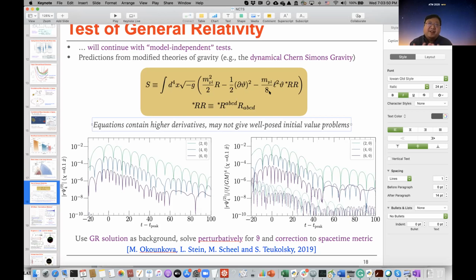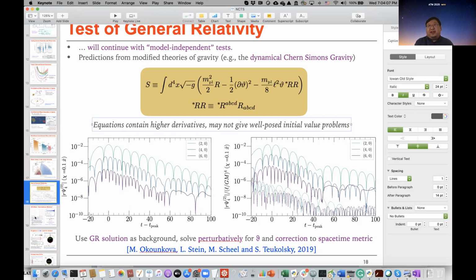In this way, you basically evolve perturbations on top of a non-linearly obtained full numerical spacetime, and then you can obtain the corrections to the GR waveforms when the Chern-Simons correction is weak.